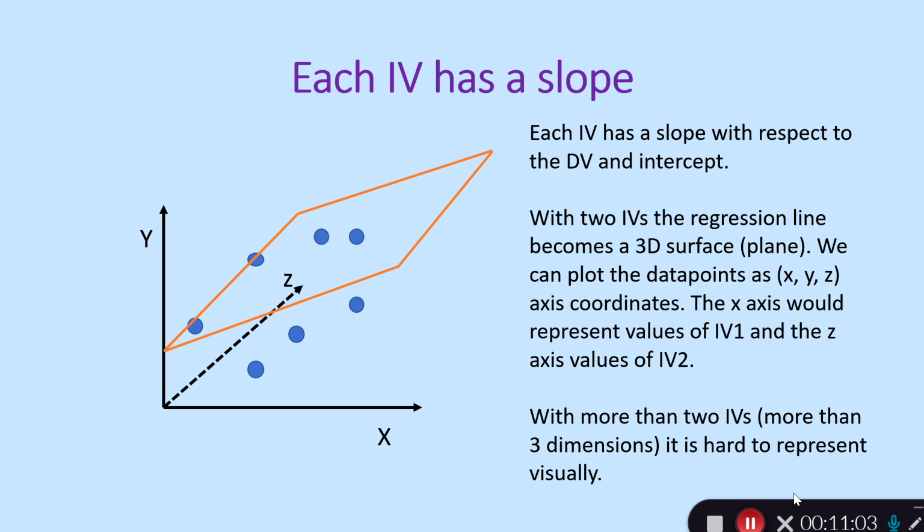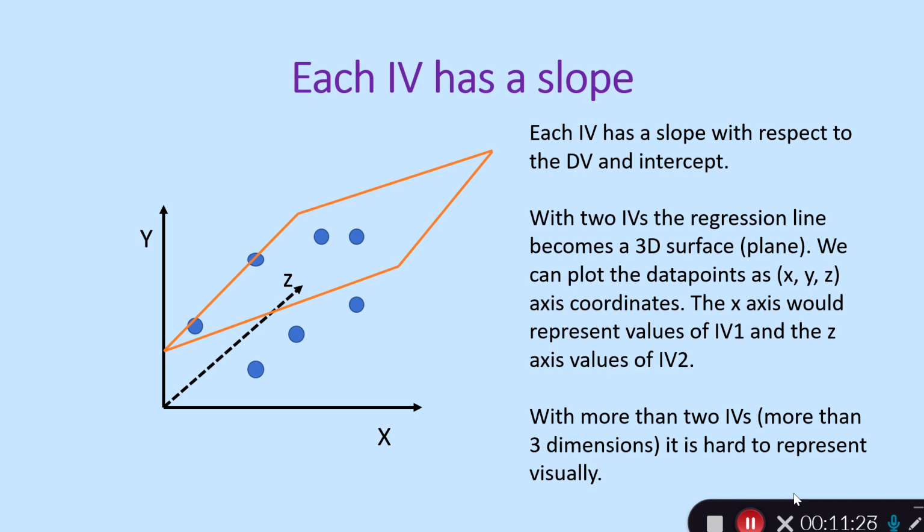But now that regression line in 3 dimensions has become a flat surface. And that's what that orange square shape is meant to depict. It's the shape of what we could now call the regression plane.